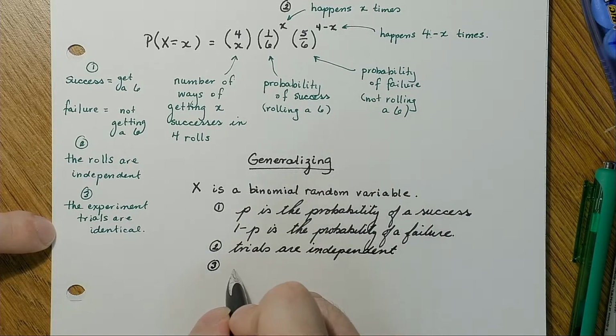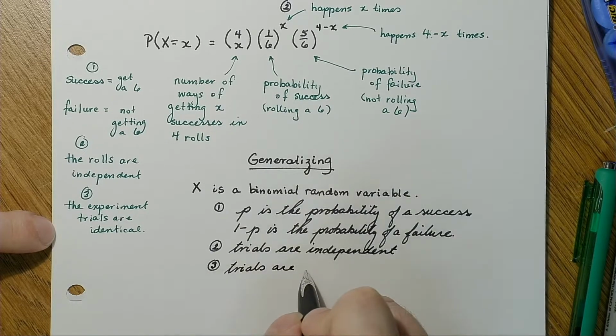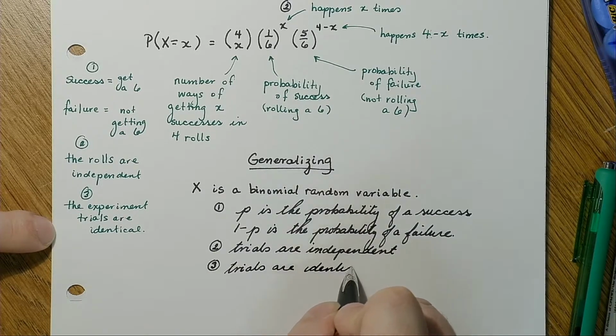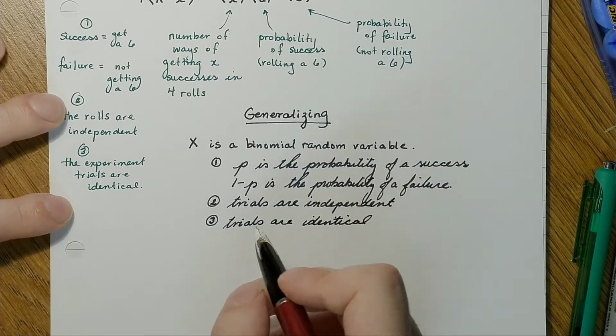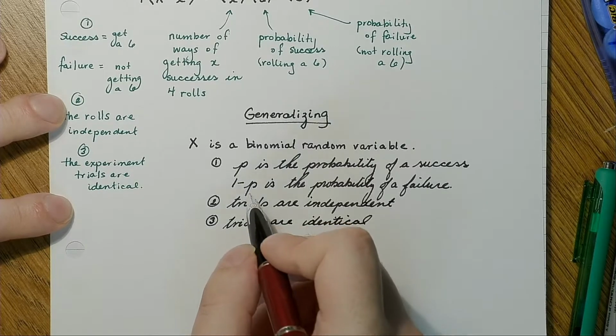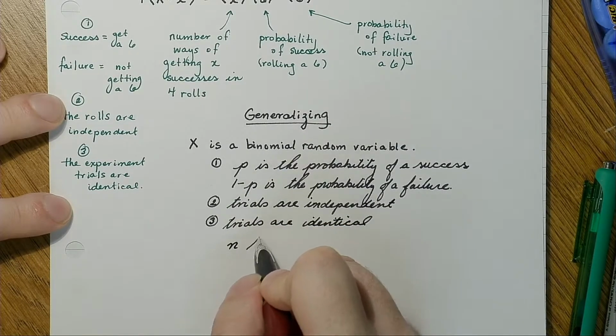They're identical. And we're going to say that there's n trials.